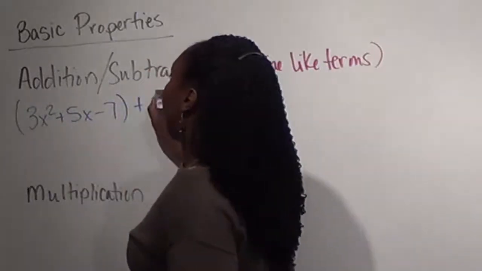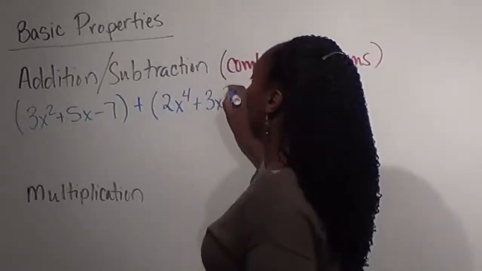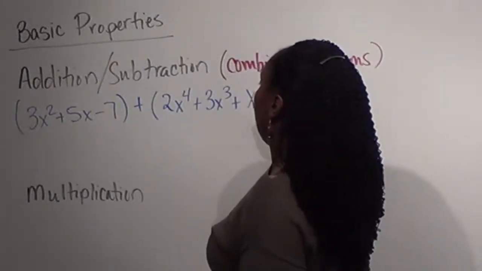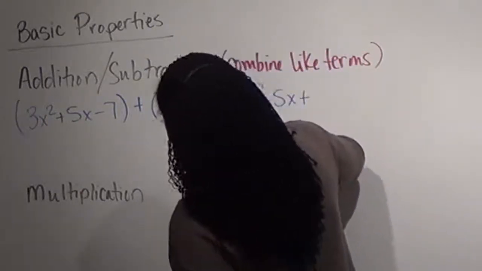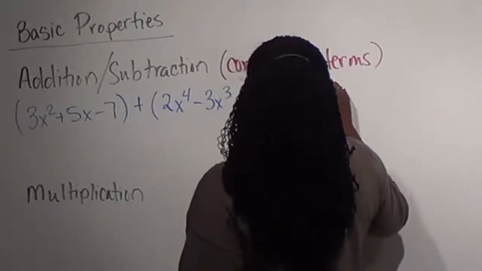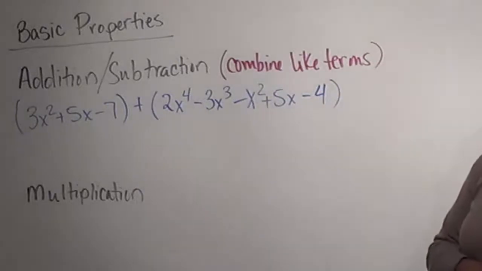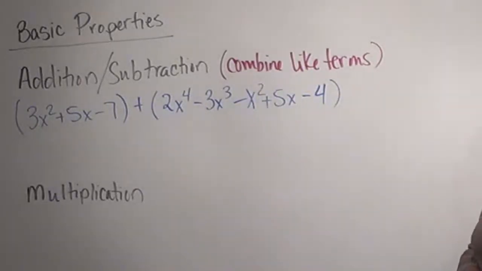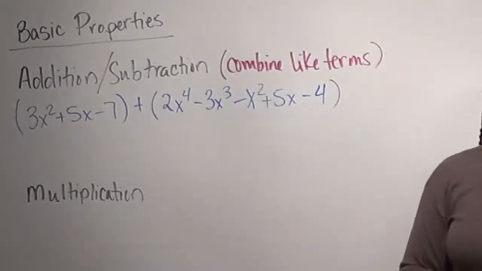Let's say I wanted to add that to 2x to the fourth plus 3x cubed plus x squared minus 5x plus, let's change some signs in there, minus 4. So let's say those are the two polynomials that we want to add. And again, subtraction is very similar. The only difference would be I need to distribute.